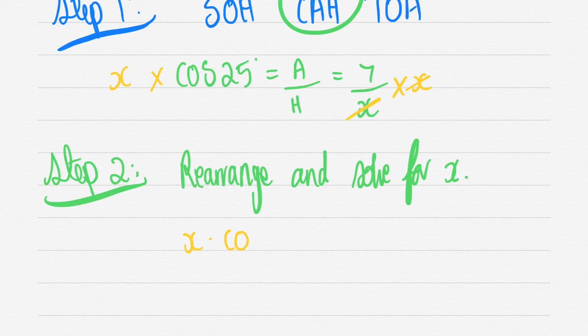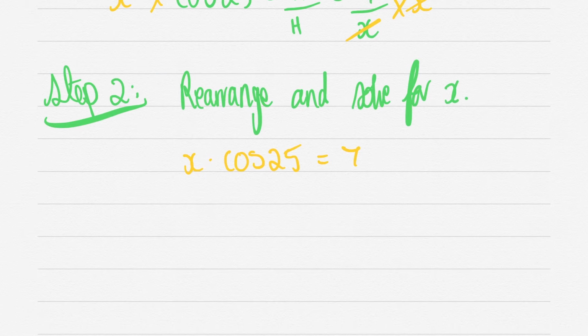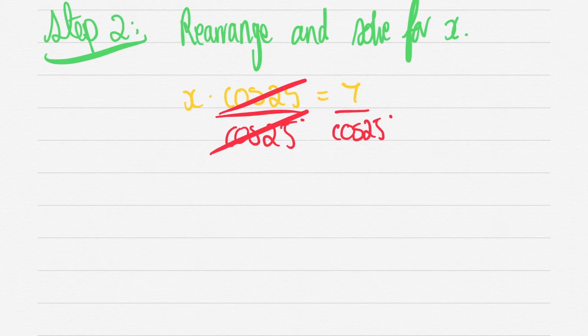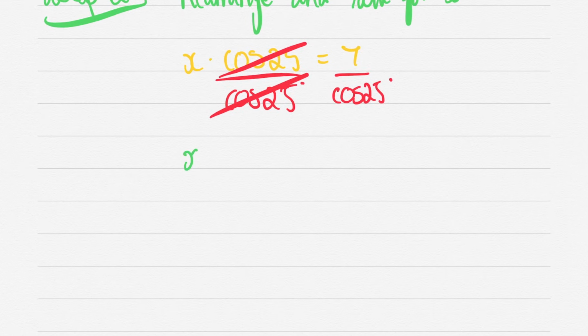Let's do it together. So you've got 7 times by x. And then you've got x times by cos 25. You cancel your x's on the right, leaving x times cos 25. And as I mentioned, cos 25 divided by cos 25 gives you x. And then you take the 7 over cos 25. x is equal to 7 over cos 25.